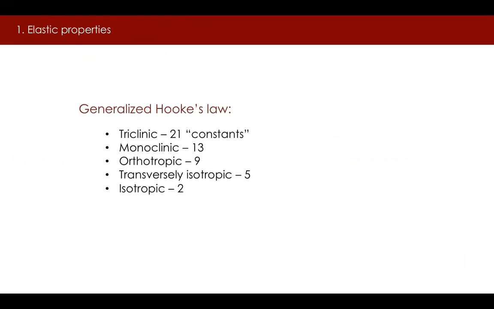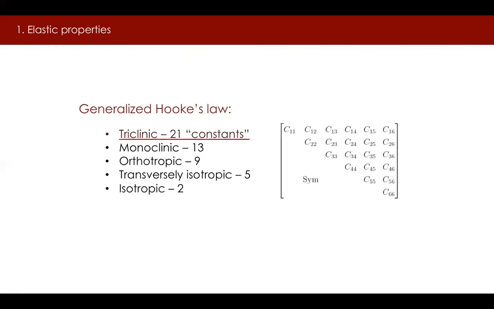For a general linear elastic material, the constitutive relationship between the stress and strain is given by the generalized Hooke's law. Here, the stiffness tensor is fourth order, positive definite, and possesses major and minor symmetries. For convenience, this fourth order tensor of elastic moduli can be represented by a 6x6 matrix.